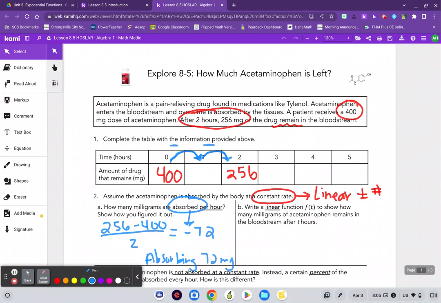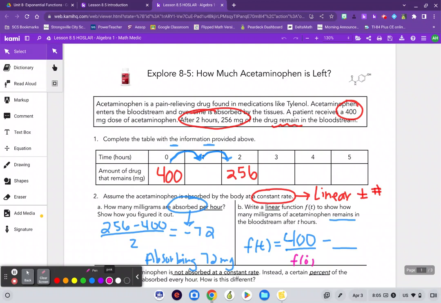It says write a linear function f of t to show how many milligrams of acetaminophen remain. Okay, so I'm going to start with f of t equals, I need my initial, so this is going to be my f of 0, and f of 0 is 400, that's how much I started with, minus how much I am absorbing, right?